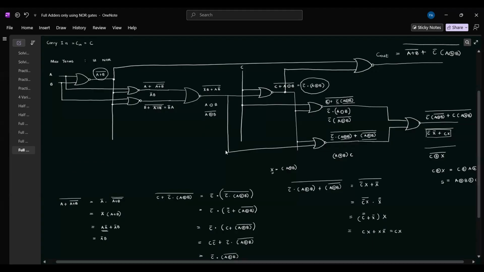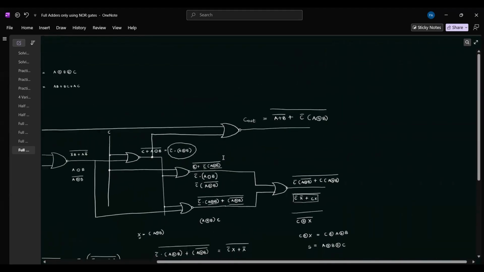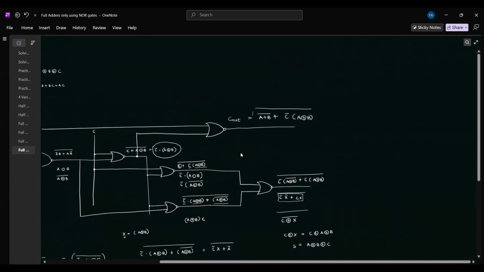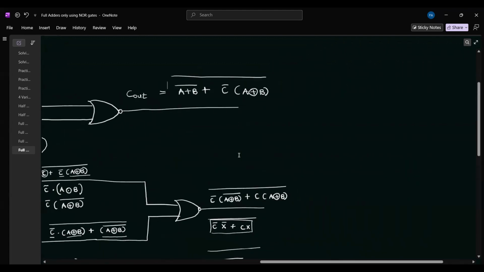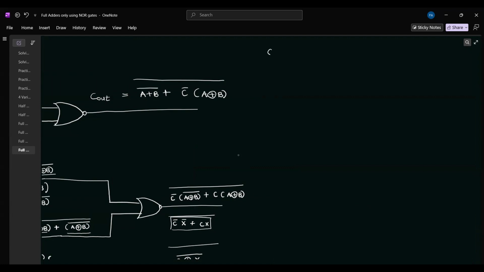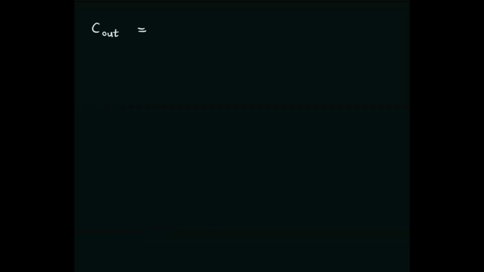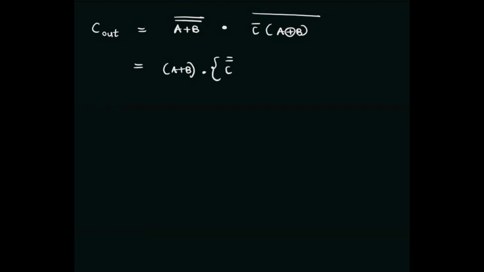Now you may ask me, obviously, C out is AB plus BC plus AC. How did I even come up with this Boolean expression? C out can be given as, breaking this, A plus B whole thing double bar, dot, C bar into A XOR B whole thing bar. This is equal to A plus B into C double bar plus A XOR B whole thing bar.